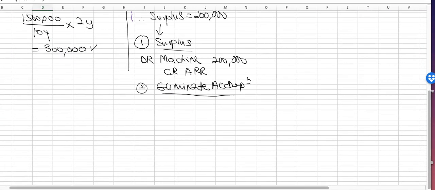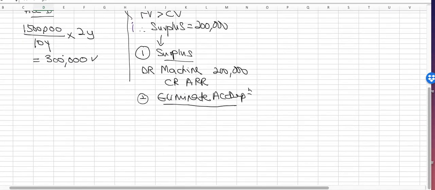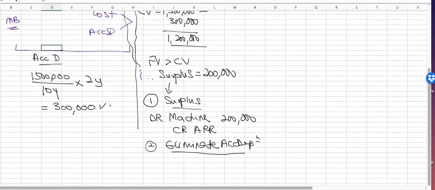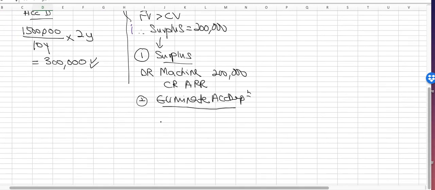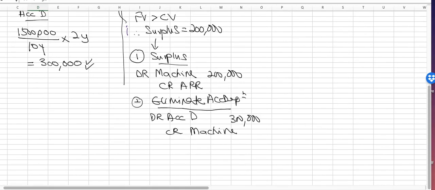That's why the old one we need to eliminate. So, accumulated depreciation, 300,000. You will debit accumulated depreciation, credit the machine account. Alright, the question did not ask for a journal entry, but this journal entry will help you to understand what you should do in the notes on the PPE.